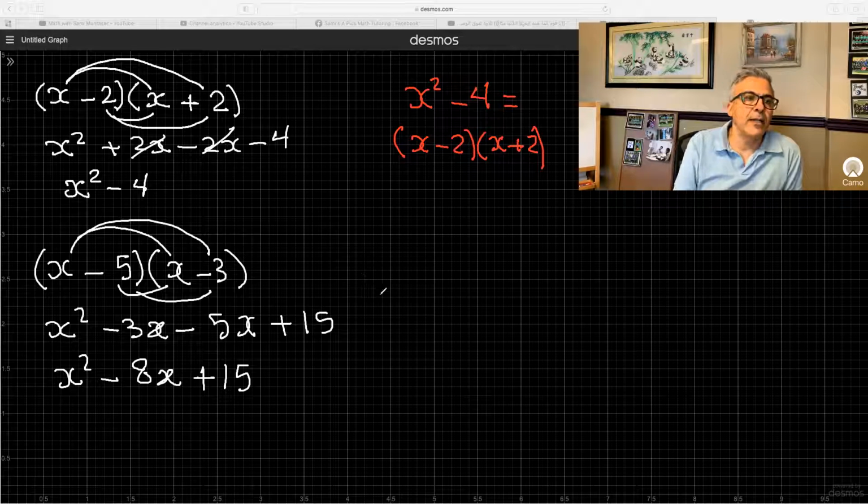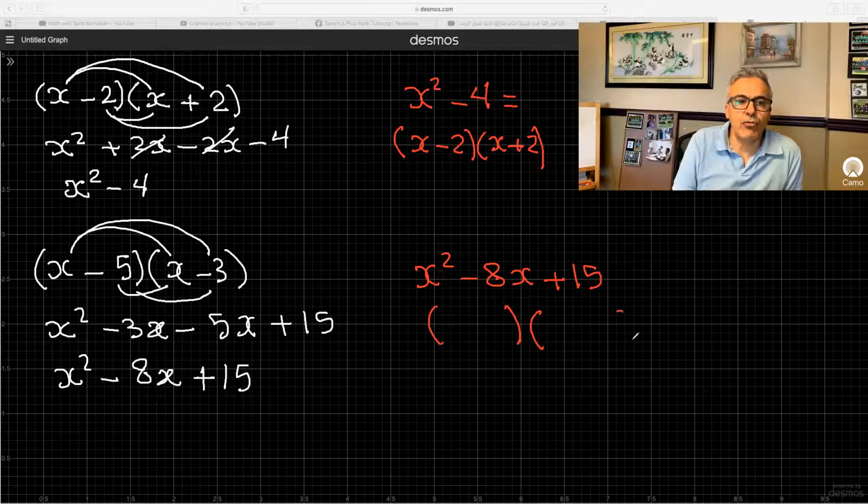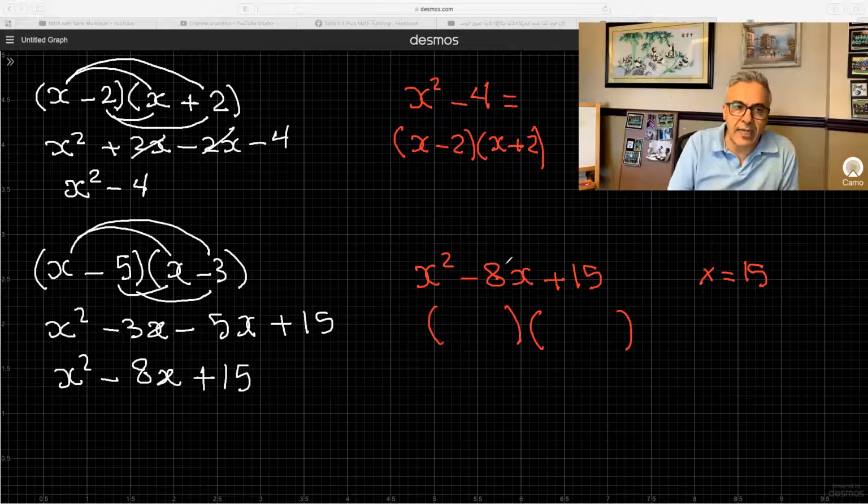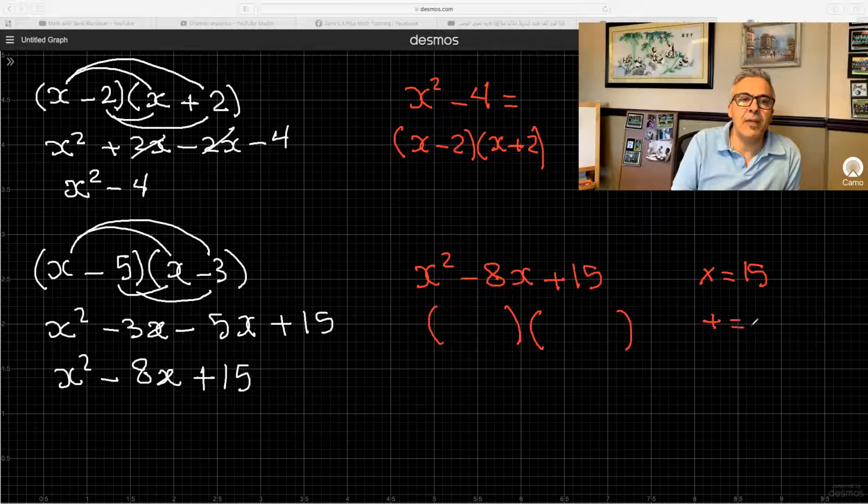Okay. Now let's go into here and take the x squared minus 8x plus 15. Let's factor this. So when we factor a trinomial, basically we look for two numbers that multiply to give me 15. And that's the first thing you need to think, not what adds to give me negative 8. You have to think what multiplies to give you 15 first, and then adds to give me negative 8.